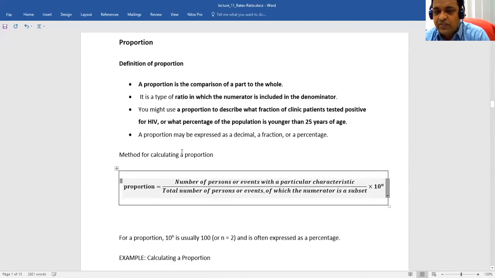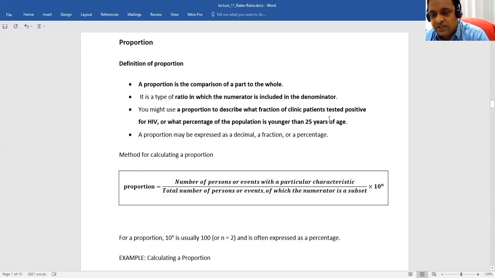Suppose the proportion of clinic persons tested positive for HIV, or the percentage of the population younger than 25 years. Here, how many of the population tested HIV positive out of the total population, or what percentage of the population is younger than 25 years out of the total population. This is nothing but a part of the whole.